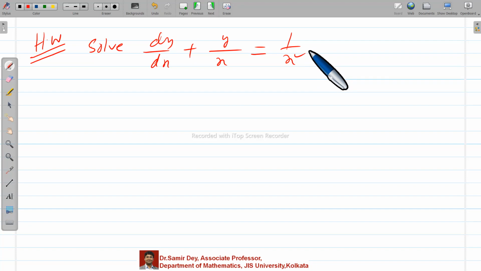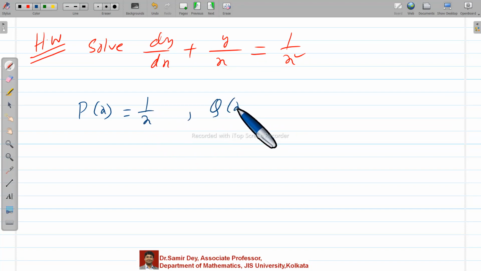So this is your homework. Now anyone, can you tell me what is your Px? What is the Px of this particular homework? Just compare. Find the coefficient of y. What is the coefficient of y here? 1 by x. Very good.